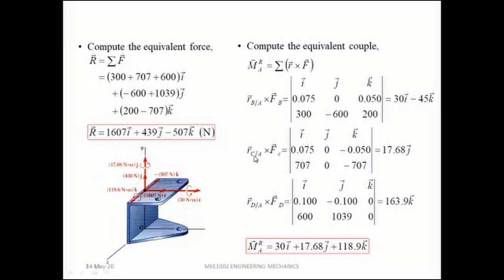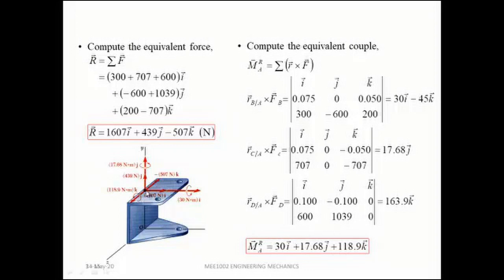Position vector of C with respect to A, position vector of D with respect to A, cross FD vector, just substitute the coordinate points and the force vectors. Here it is clearly given. Now it is in the Z direction, so we'll be able to find three vectors. Just add all those three vectors, we get the resultant.